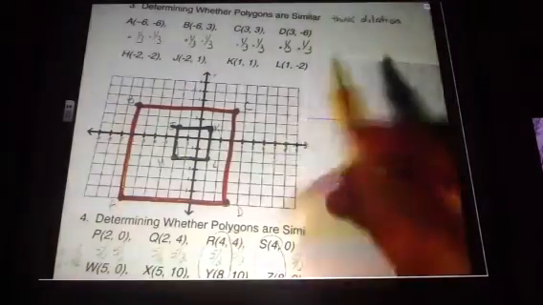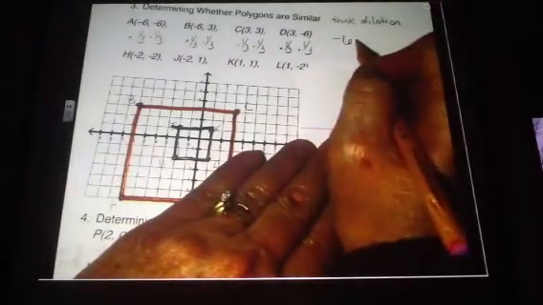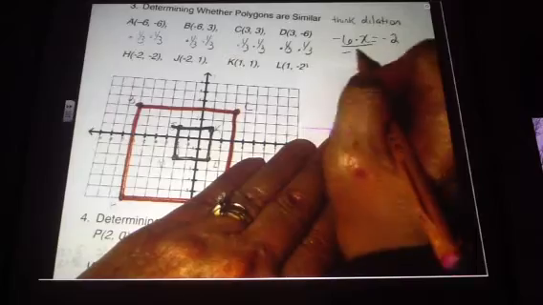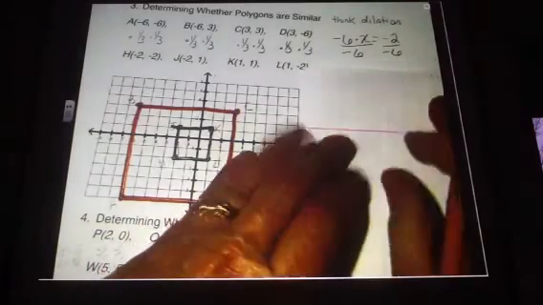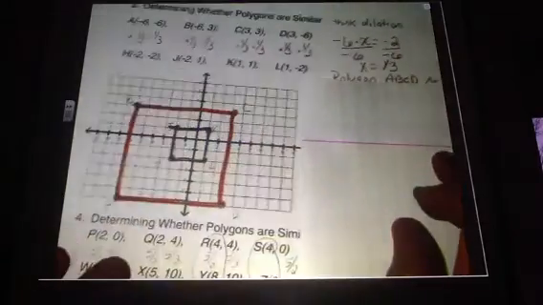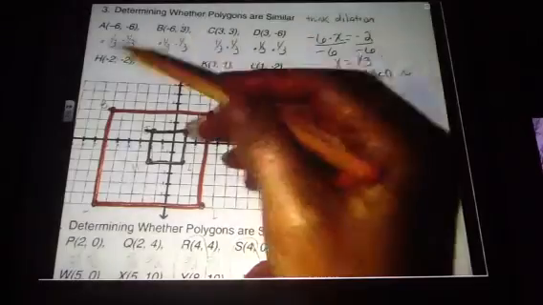So how can I get from -6 to -2? -6 times what will give me -2? So x is going to be 1/3. That's going to be what our dilation rule. So let's see if it applies.